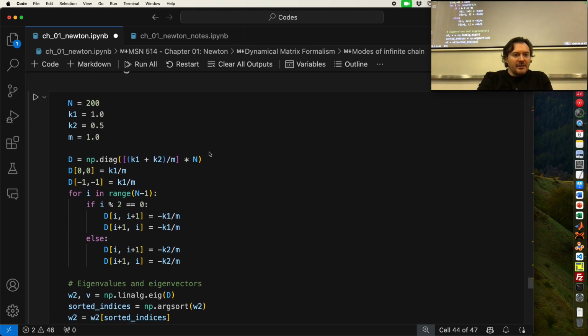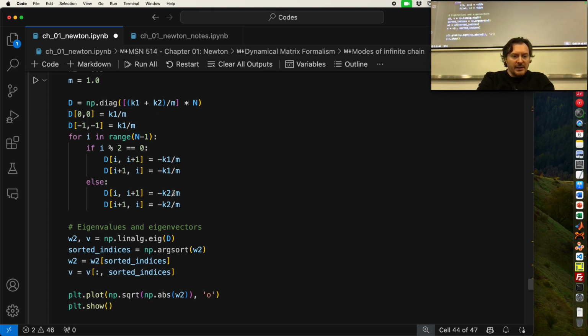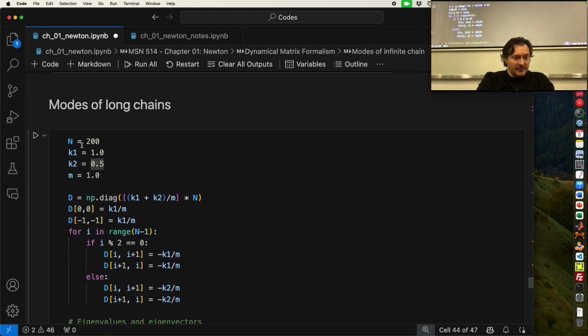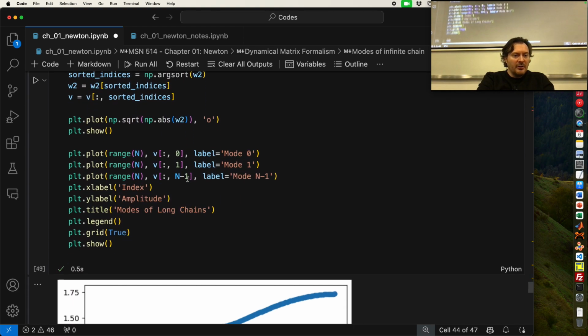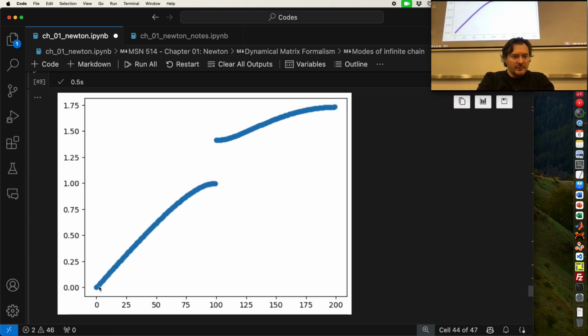So what I did here, it's the same code, the same kind of K1, K2, okay? But this time, there are 200 atoms, so there will be 200 modes. And let's actually just plot their values. So this is just their rank, like first mode, 0th mode, first, second, etc., up to 199. And this is the frequency.